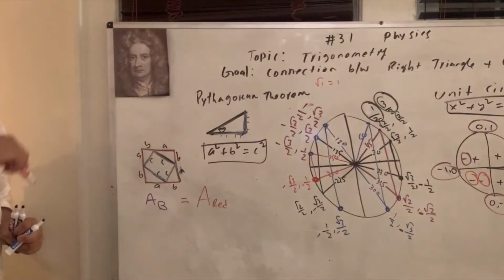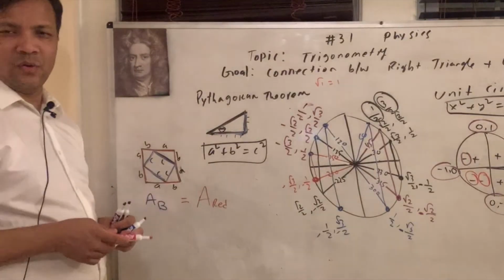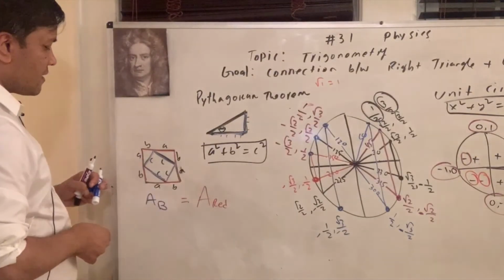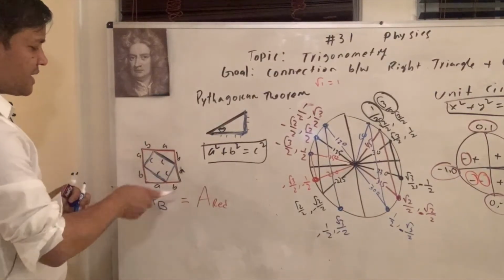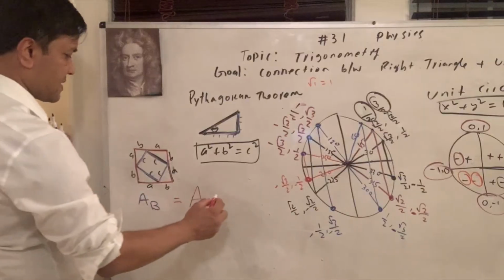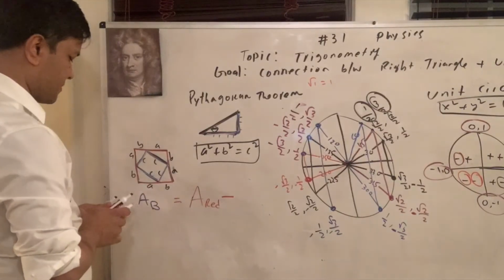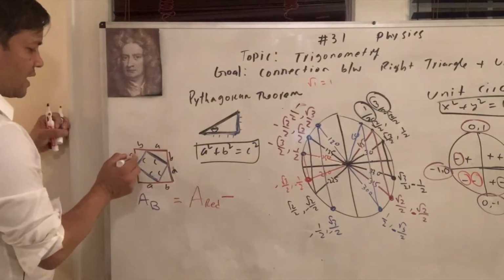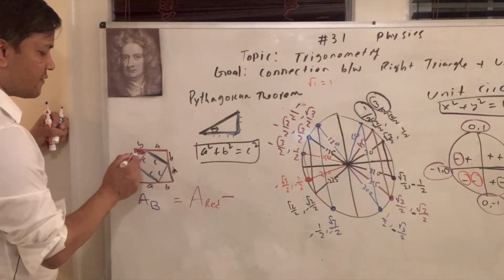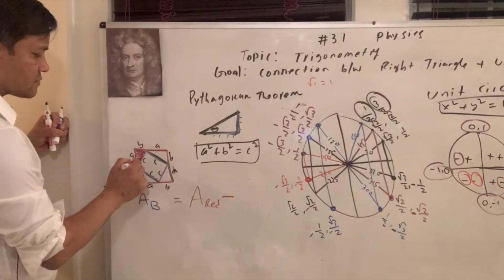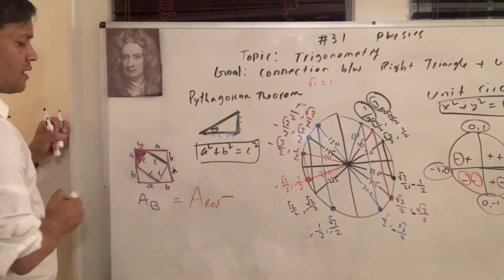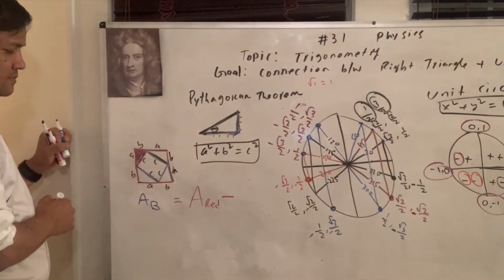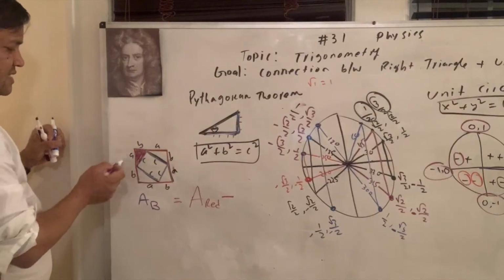This is not true, by the way. Area of red is not equal to area of blue, because as you see, the blue is smaller and red is bigger. So I have to subtract something. So I have to subtract this one, then area of blue would be area of red. What is this one?